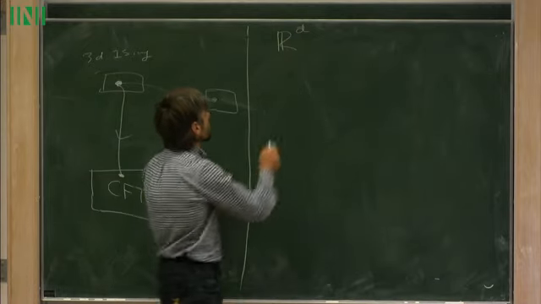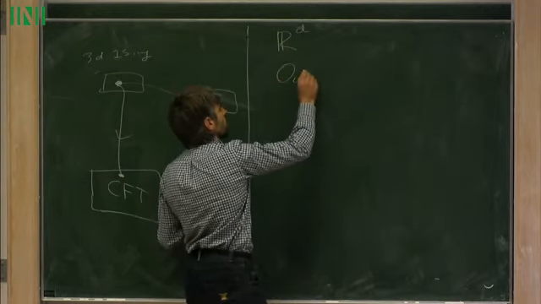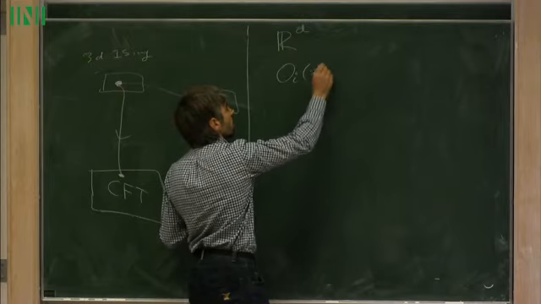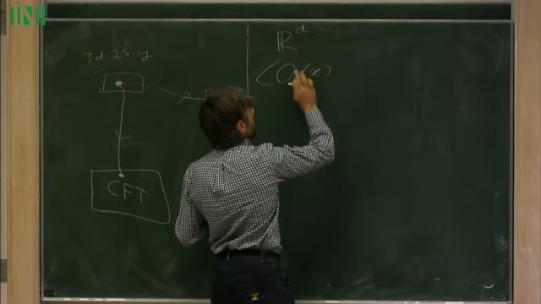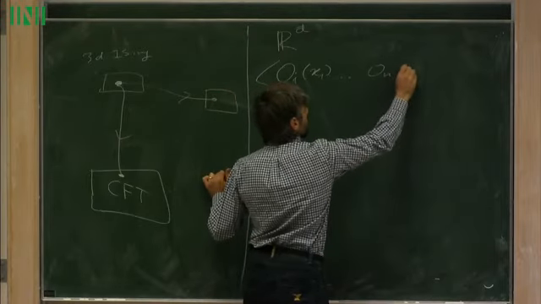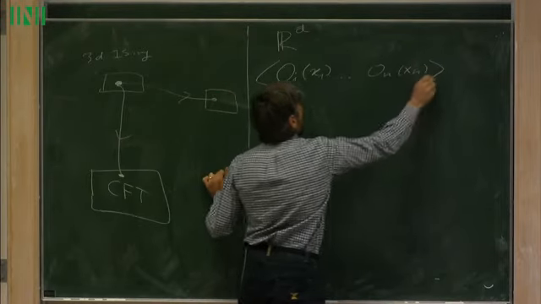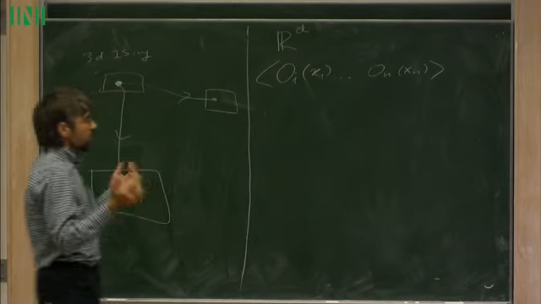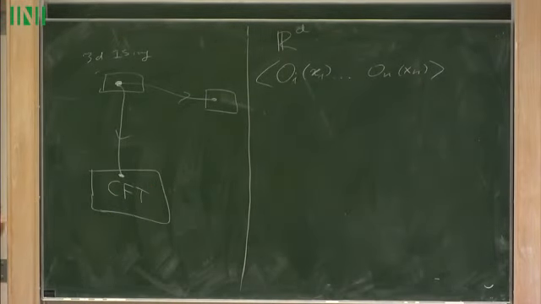And in this theory, we are going to consider some local operators, and we are going to consider their correlation functions. These correlation functions can be thought of as something coming from a lattice model where you go to the critical point, you go to the large distances where everything becomes scale invariant.